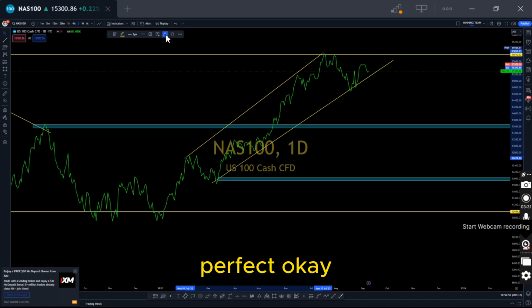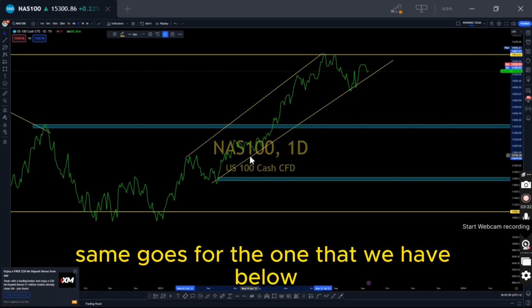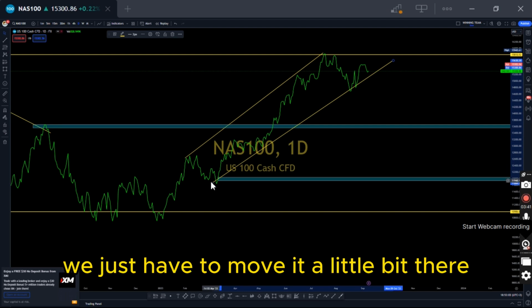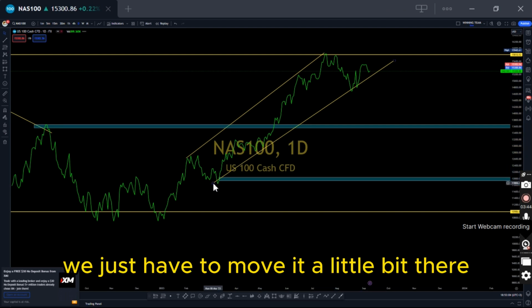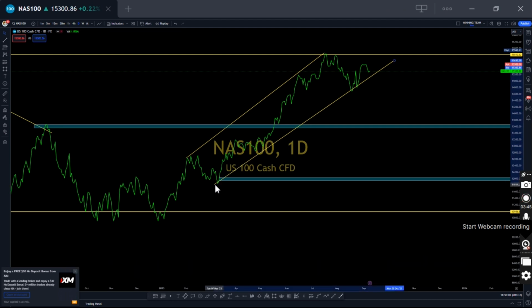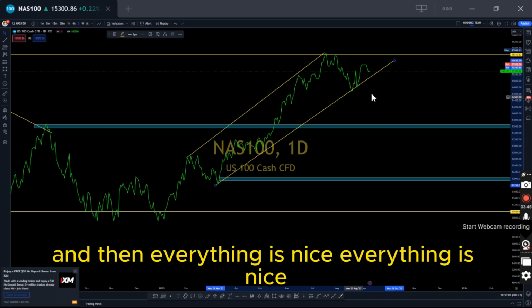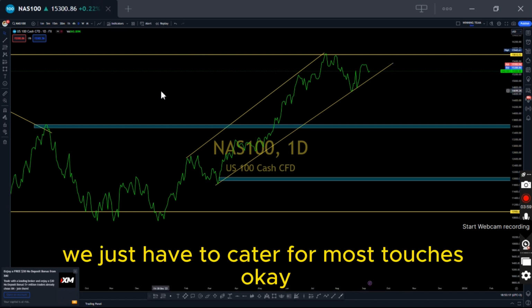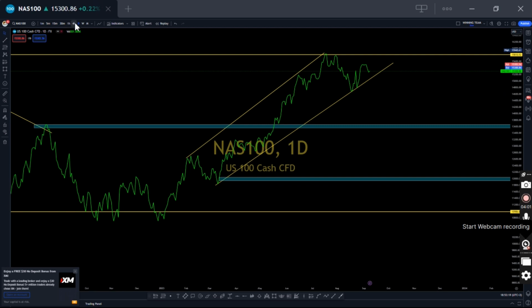Perfect, okay? Same goes for the one that we have below on our support. We just have to move it a little bit there. And then everything is nice. That's perfect, okay? So remember, we just have to cater for most touches.